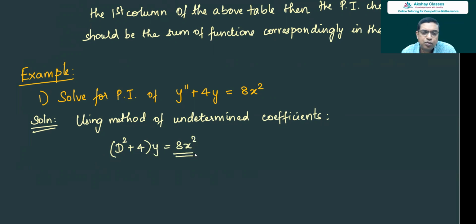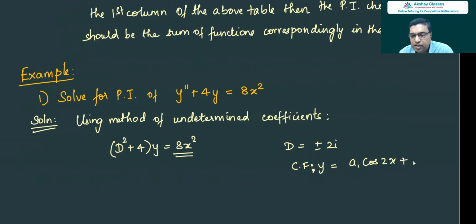The right side is 8 x squared. Now d is plus or minus 2i. So of course the complementary function will be of this form, y is equal to a1 cos 2x plus a2 sine 2x times e power alpha.